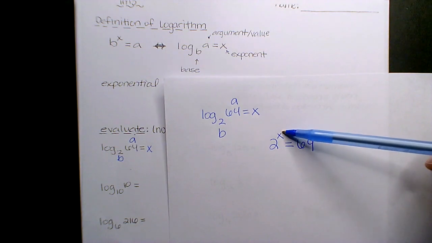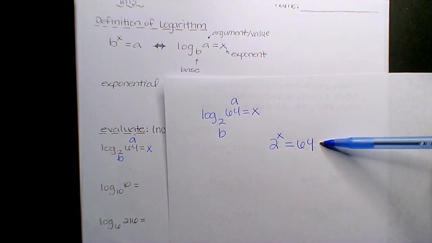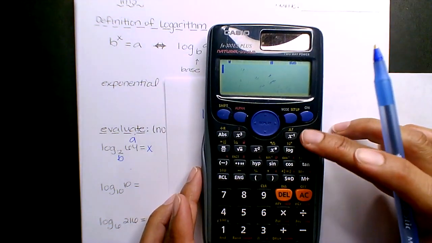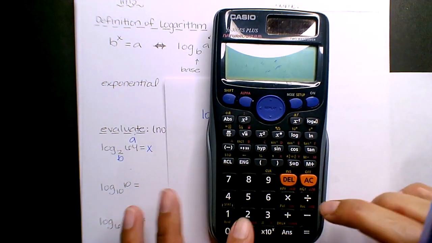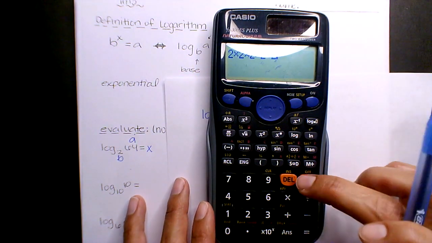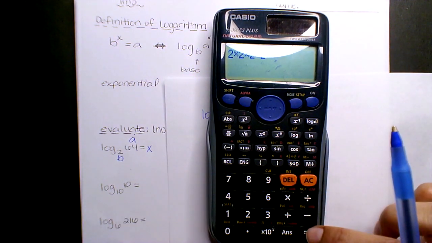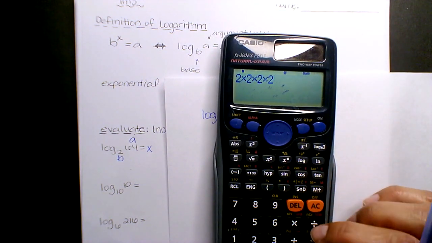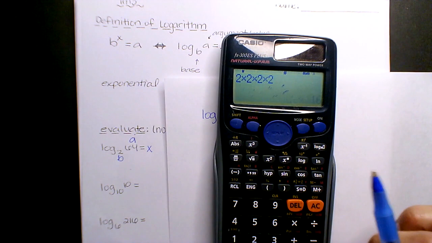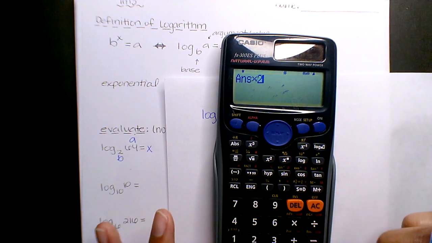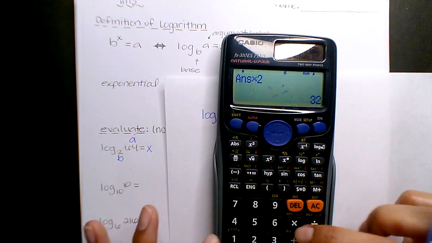2 to what power gives me 64? Well, grab a calculator and just practice it. 2 times 2 times 2 times 2. If I put in four 2s, 2 to the 4th power, I get 16. If I do 5, I get 32.